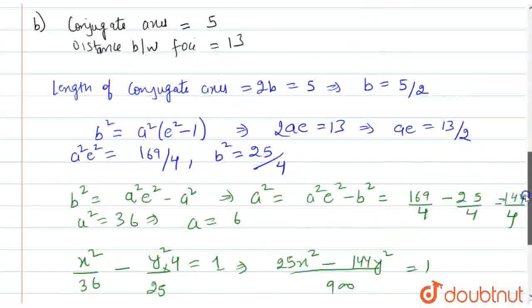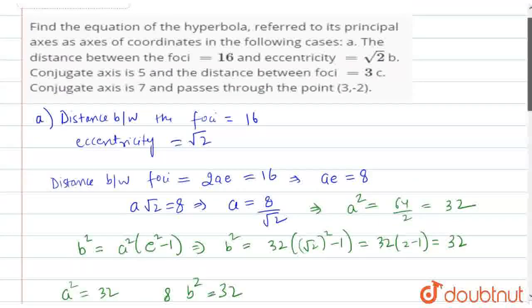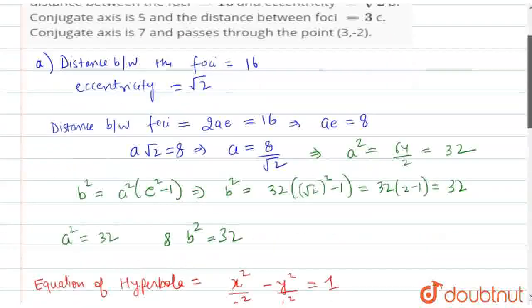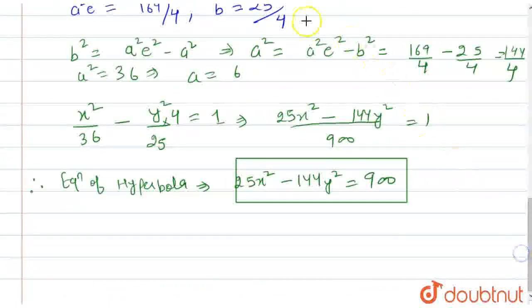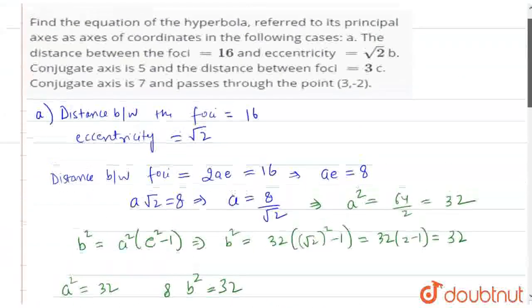So now we will move to our third part, that is the conjugate axis is 7 and passes through the point 3 comma minus 2. So the third part, the C part, conjugate axis is 7 and it passes through 3 comma minus 2.